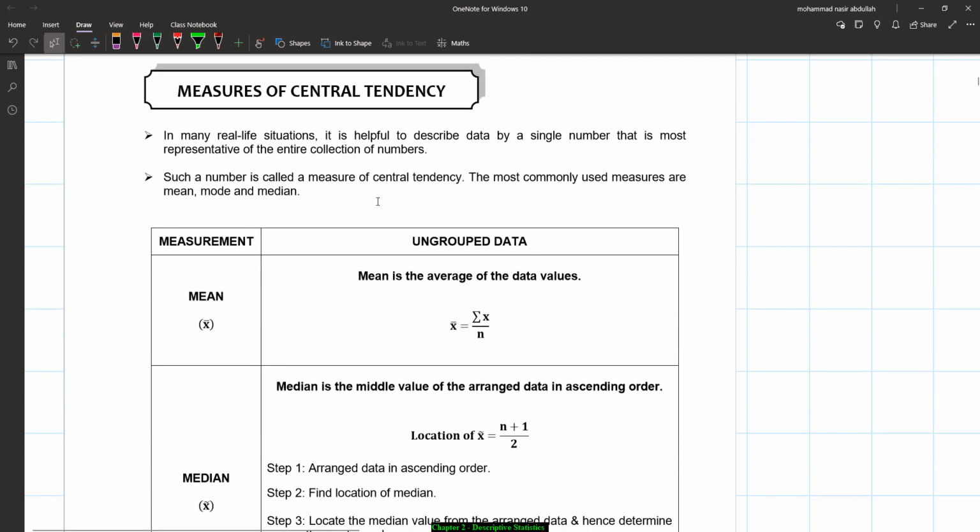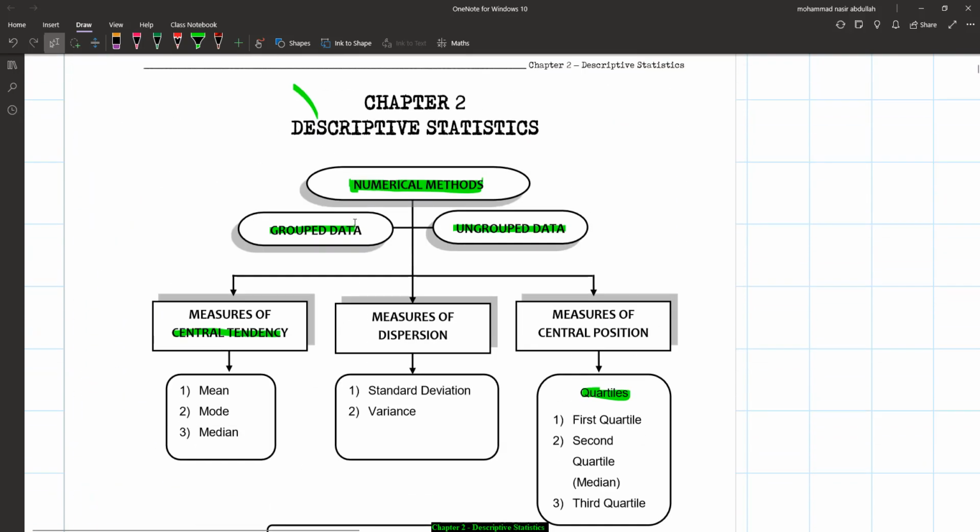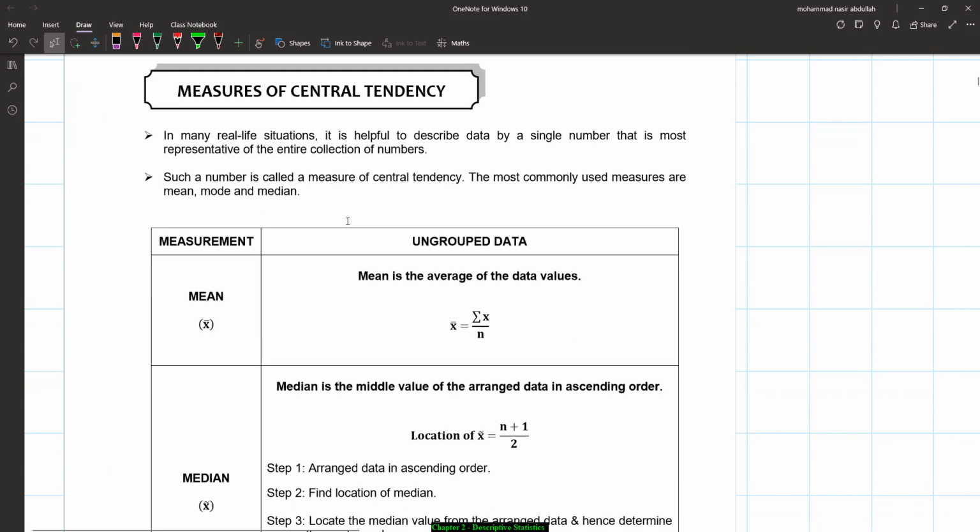So now let's look at measure of central tendency, the first subtopic for numerical methods. Measure of central tendency is very simple. Basically, we are looking into mean, mode, and median.